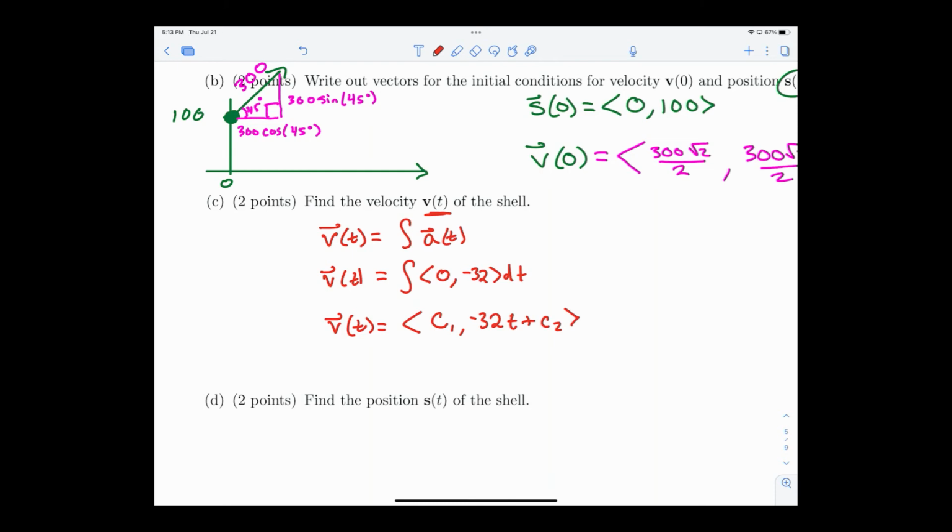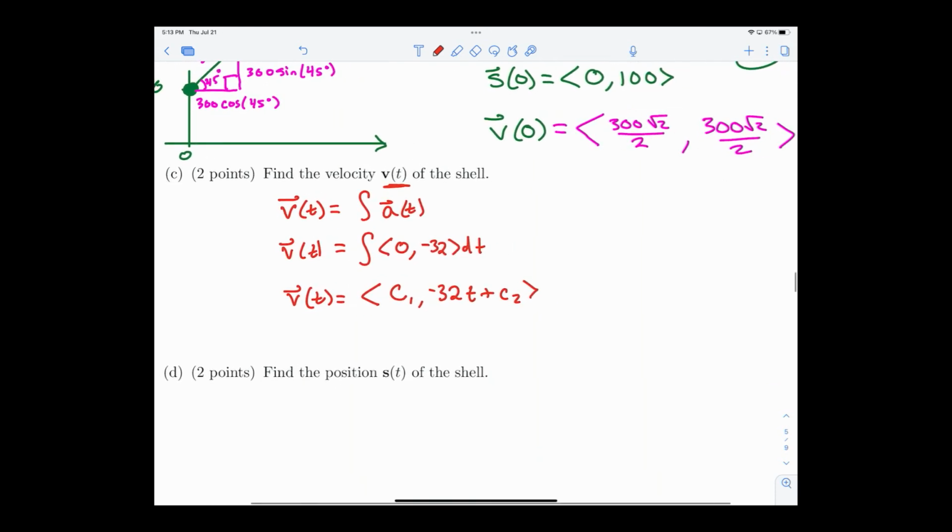Then we use our initial condition, v(0) equals what it's supposed to equal, and that will give us the final velocity equation.